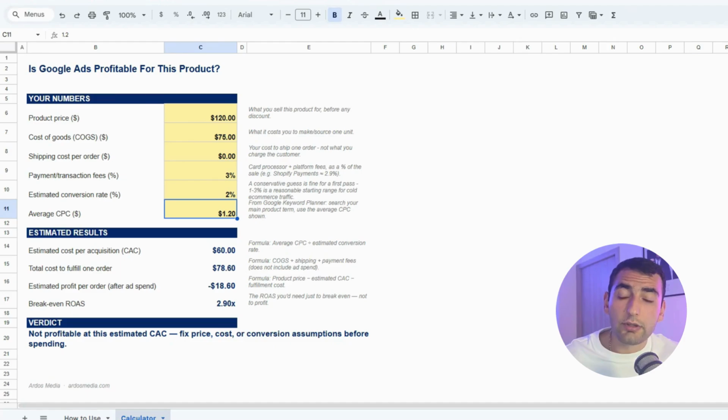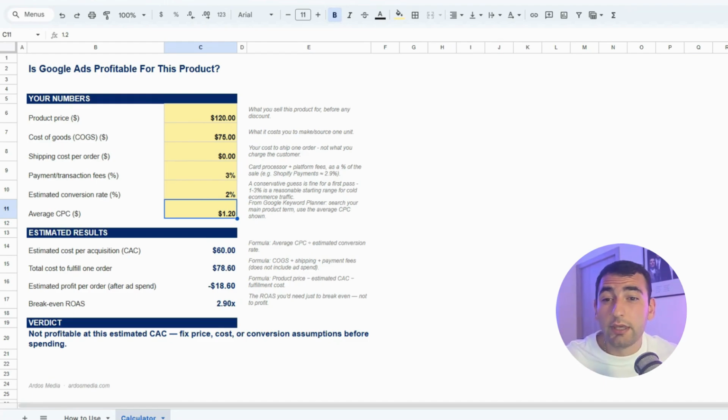And in general, if you see a low number, let's say our cost of goods is 75, it shows that it's not profitable at this estimated cost of acquisition. What we need to understand is if the issue is cost per click, the conversion rate, or our profit margin.